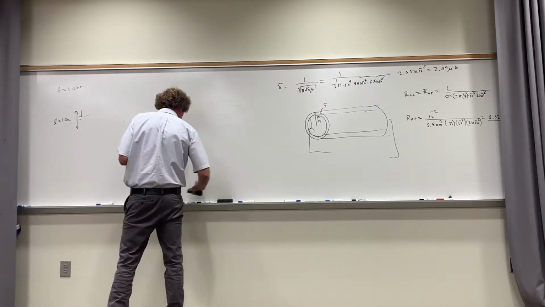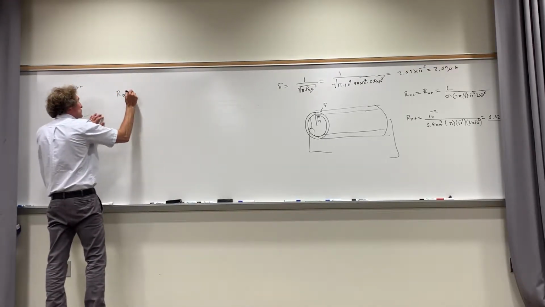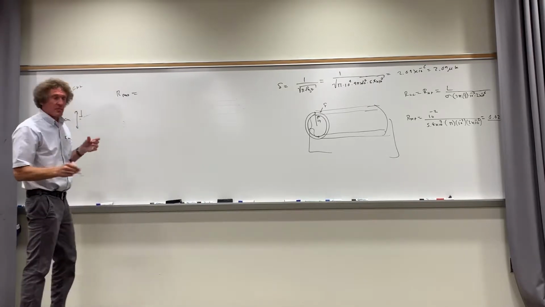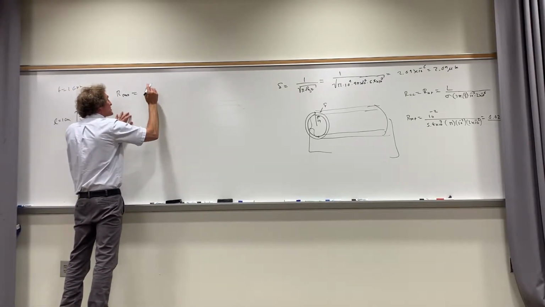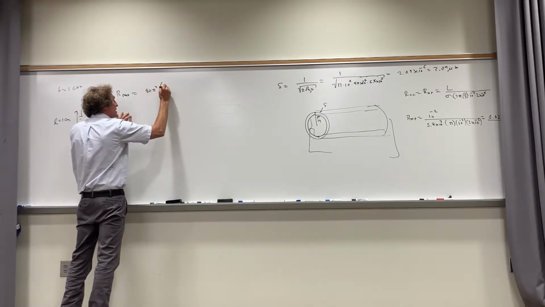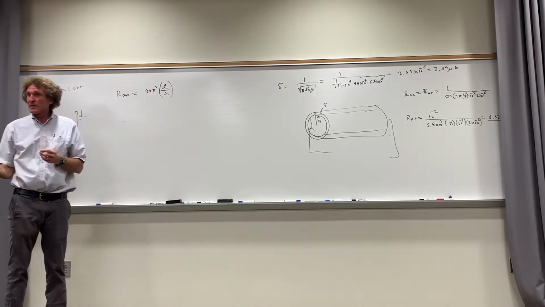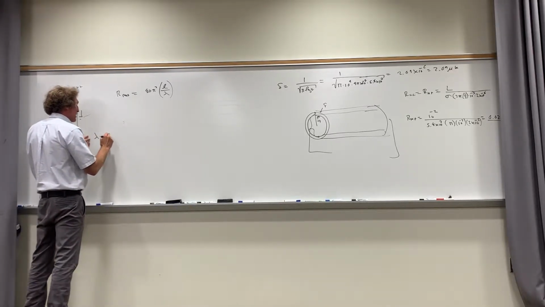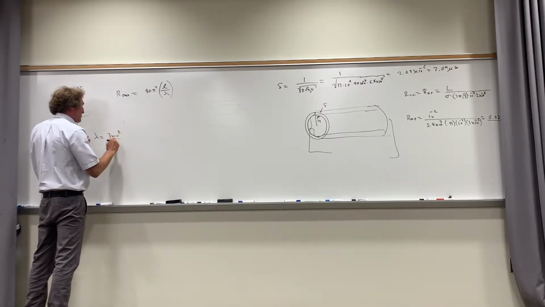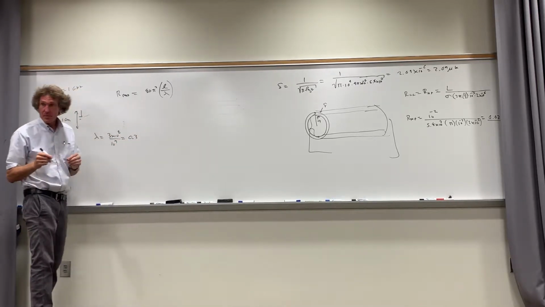Now, after that, we need the radiation resistance because he asked for it. So R rad for a short dipole. I think you remember this. This was 40 pi. I'm sorry, 80 pi squared, and then it's length over lambda, the length of an antenna over lambda, squared. So what is lambda? Lambda is equal to 3 times 10 to the 8th divided by 10 to the 9th, or 0.3 meters, right?